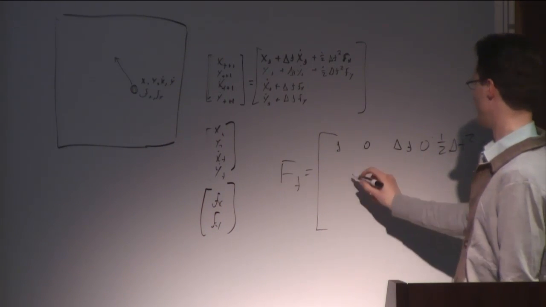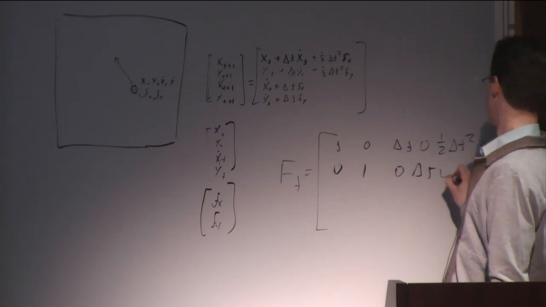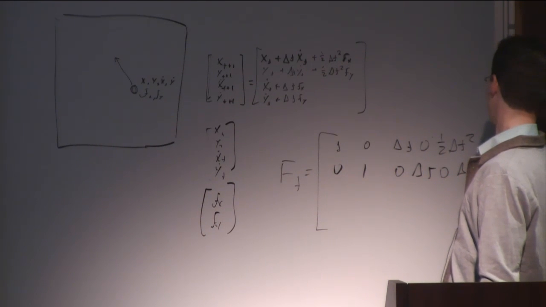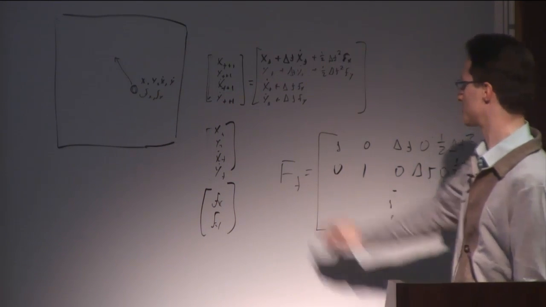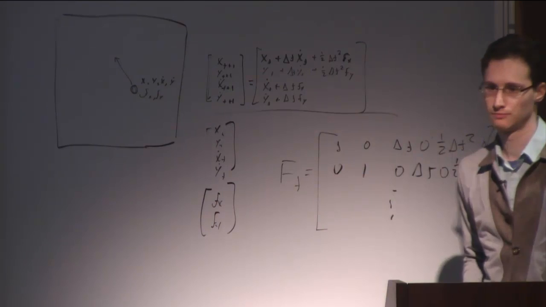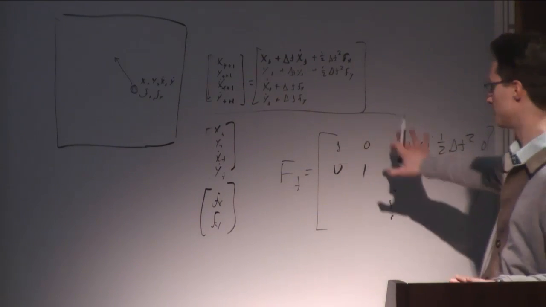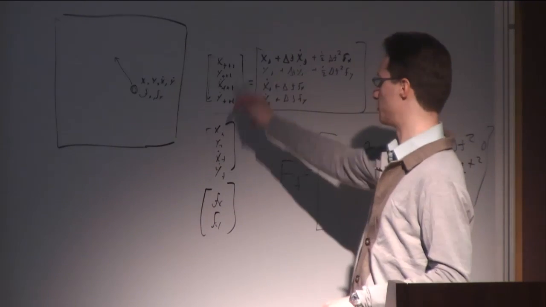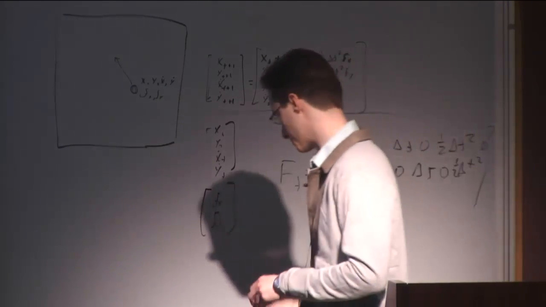And then down here, you can have 1, 0, 0, delta t, 0, delta t squared 1/2, and so on. So you can basically write down a matrix such that this thing holds. That's just a simple example of a linear dynamical system. It's a real physical system where it just so happens that the next state can be expressed as a linear function of the previous state. Just to give you an example.